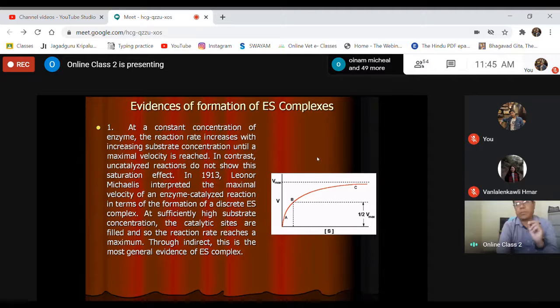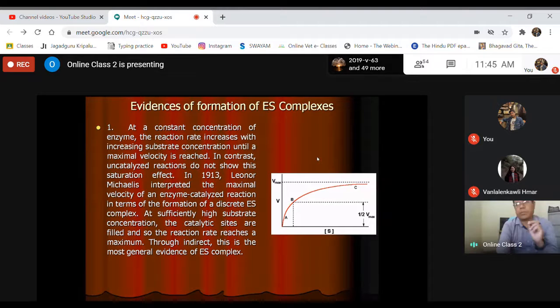The first evidence is that at a constant concentration of the enzyme, the reaction rate increases with increasing substrate concentration until a maximum velocity is reached. Let me go through what is there, then I'll explain it with the graph. In contrast, uncatalyzed reactions do not show this saturation effect.